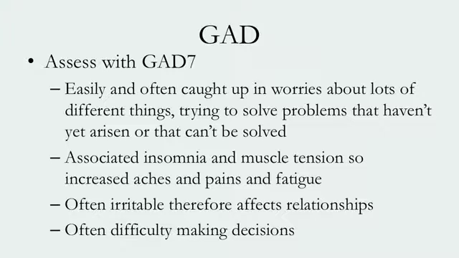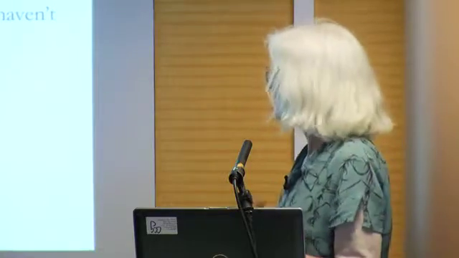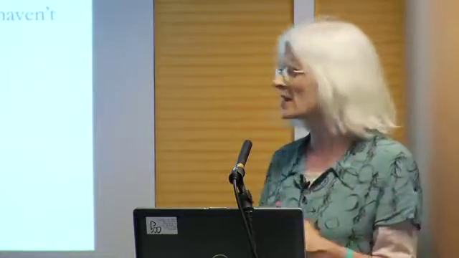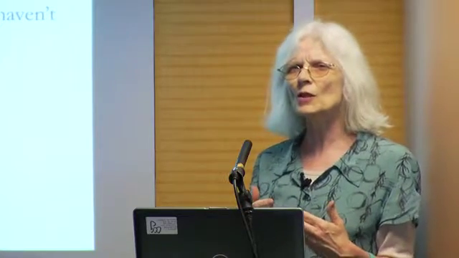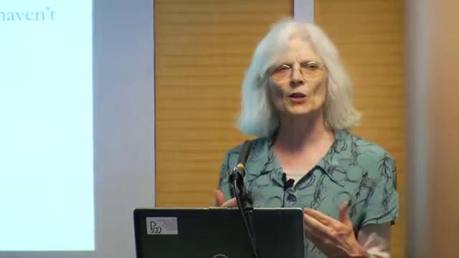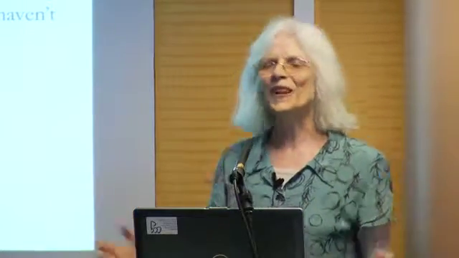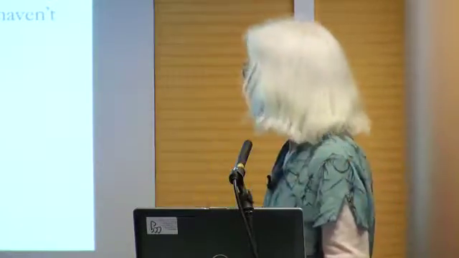Very often there's a lot of associated muscle tension, so increased aches and pains and fatigue, and of course the muscle tension will also affect the breathlessness, being chronically tense, and often headaches, and then irritability, difficulty making decisions. That can affect relationships with family, so someone feels less supported because they're getting snappy and irritable because of all the worry.